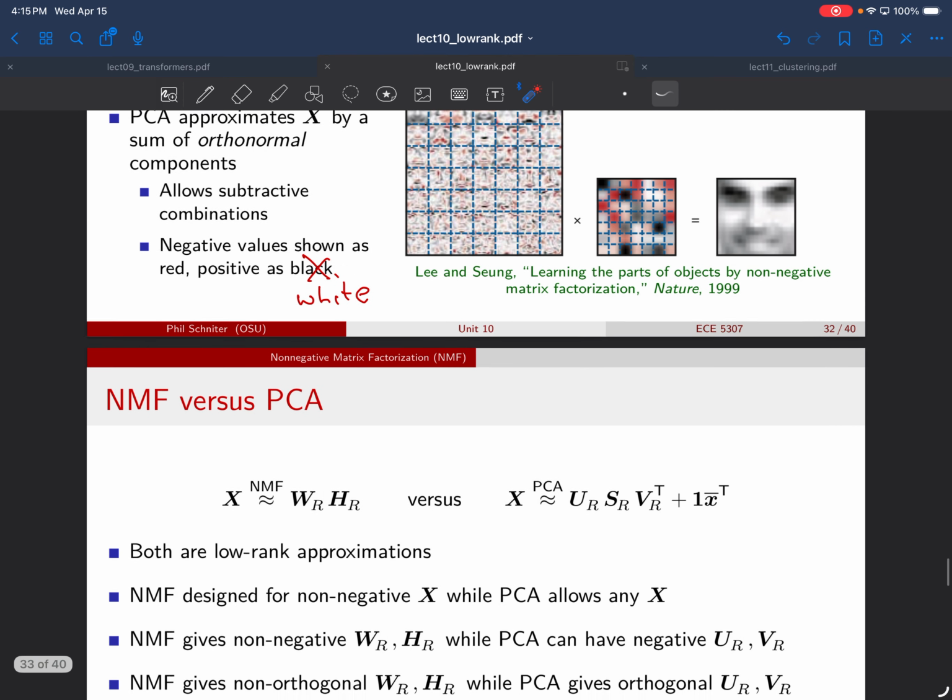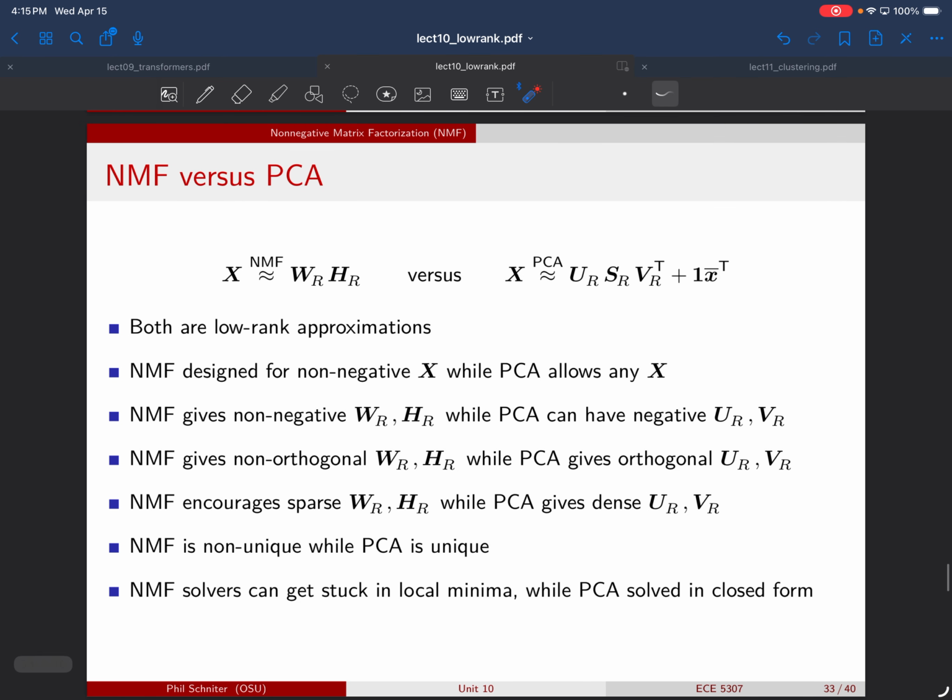All right. So let's do a quick comparison of NMF versus PCA. In NMF, we approximate X by this tall times wide matrix. In PCA, we can use an SVD, so we have a tall, diagonal, and wide matrix, but then we also have the mean component there. Both of them are low-rank approximations.